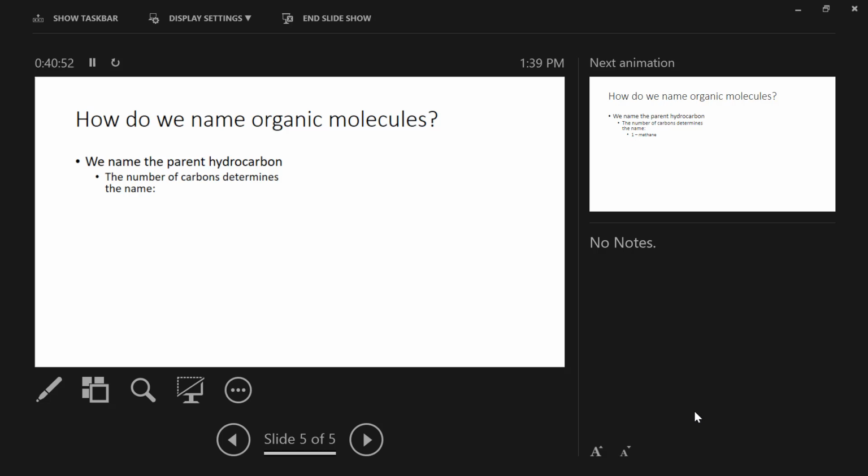You ready to do this? If it has one carbon, the parent hydrocarbon is methane.